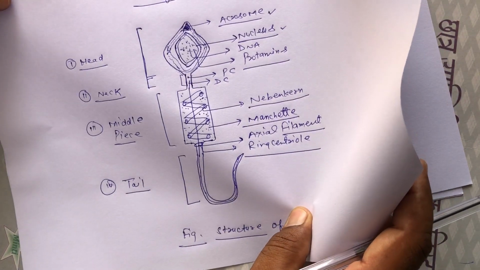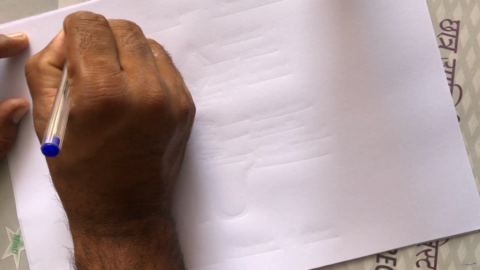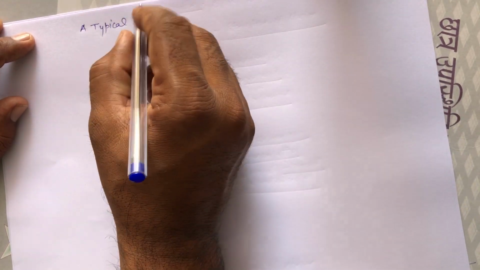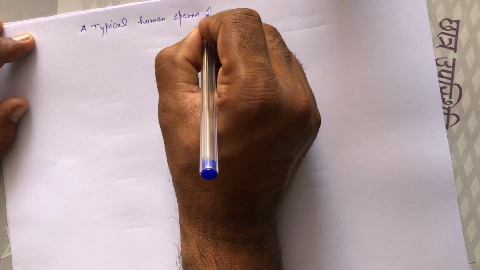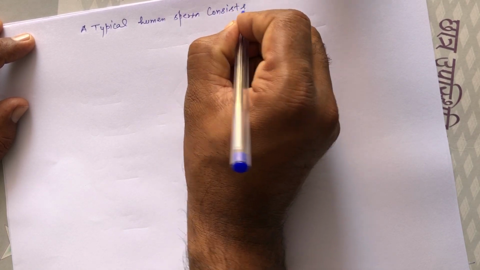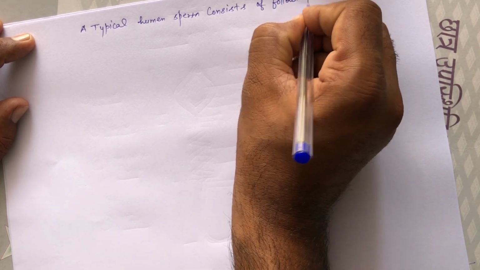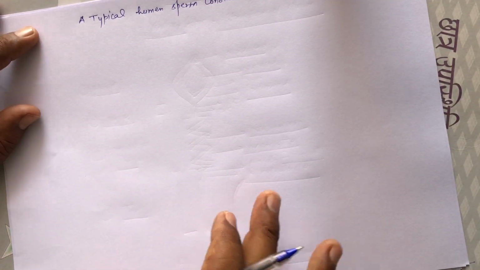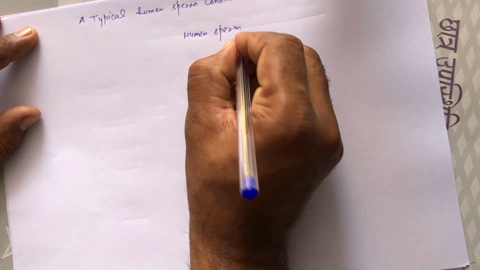The first part is the head. A typical human sperm consists of the following parts, mostly four parts.